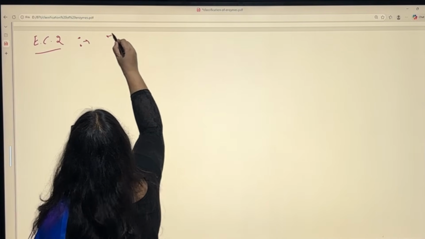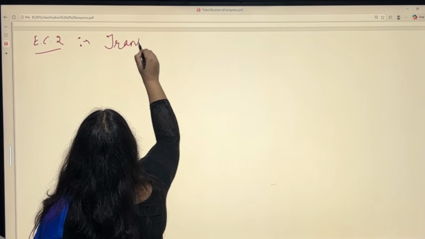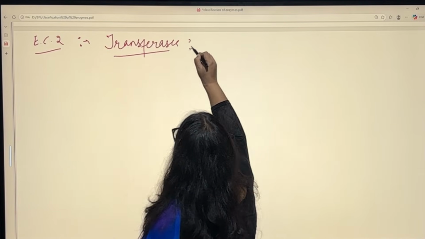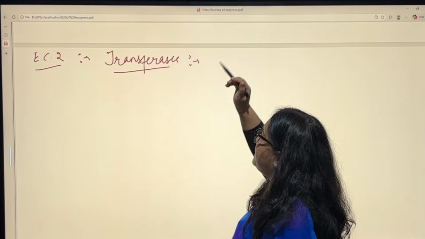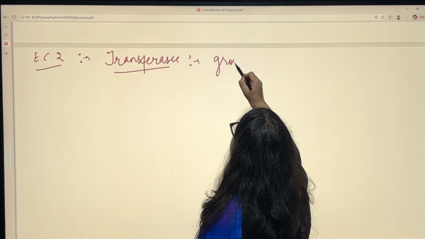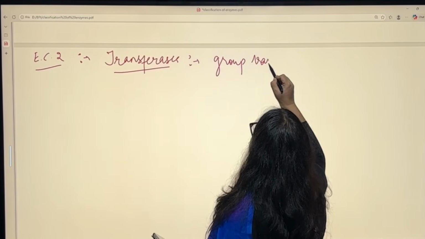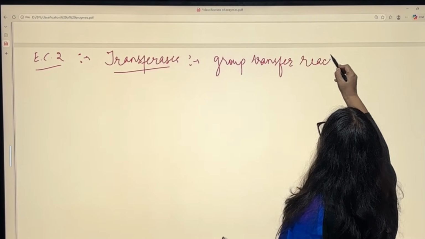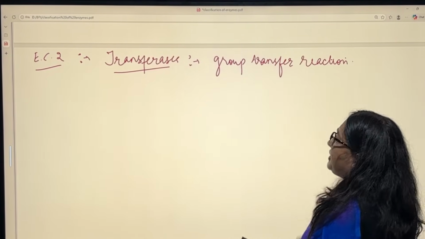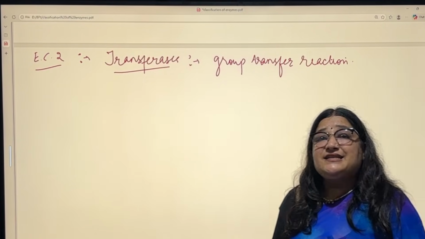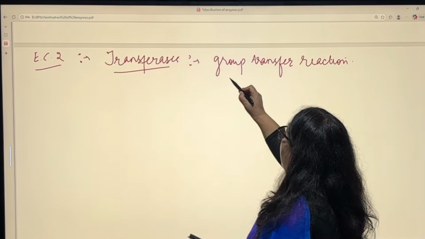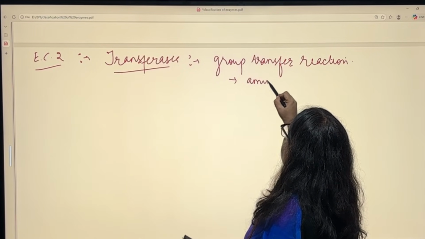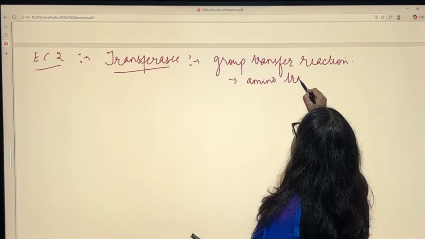Transferases are the enzymes which catalyze group transfer reactions, and they are named according to the type of group that is transferred. Let's say if the amino group is being transferred, the enzyme is aminotransferase.